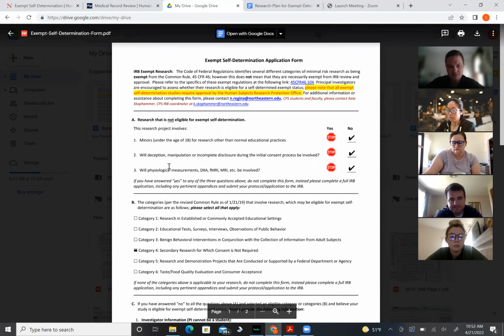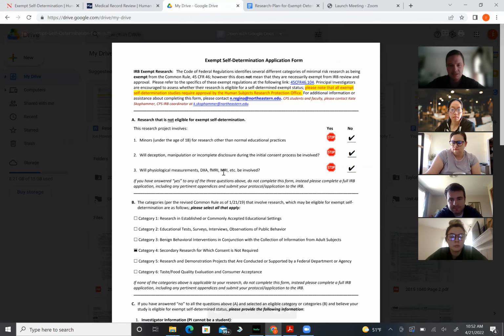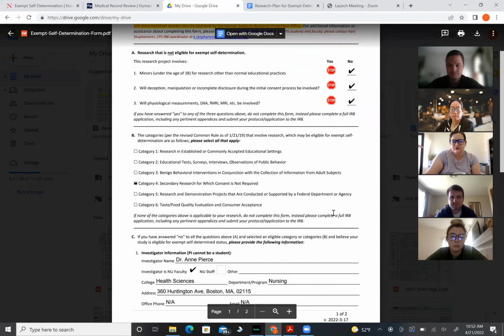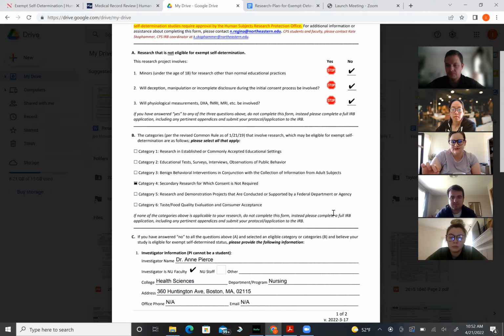What this bullet point means is, are you going to be showing a patient an image while they're in an fMRI, or are you going to be doing a sweat test on a CF patient, or having someone run on a treadmill for a mile and then taking their blood pressure and heart rate? We're not doing anything like that. So it basically just means we're not performing a physical test.